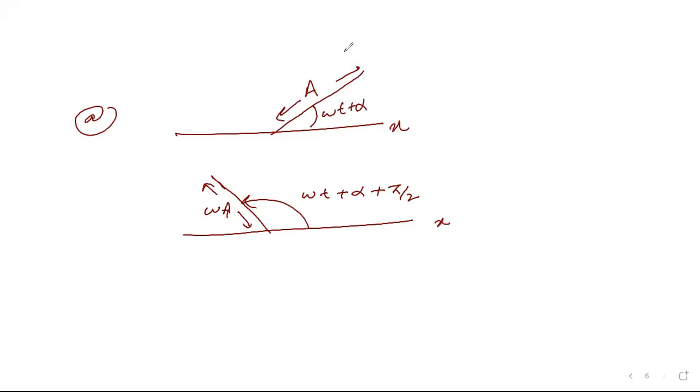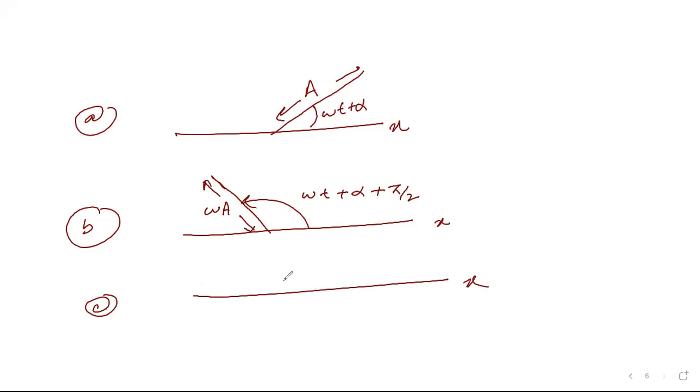Let me write it neatly. Its length is omega a. Let this be part B. Then this is the x-axis. This will be approximately this way.